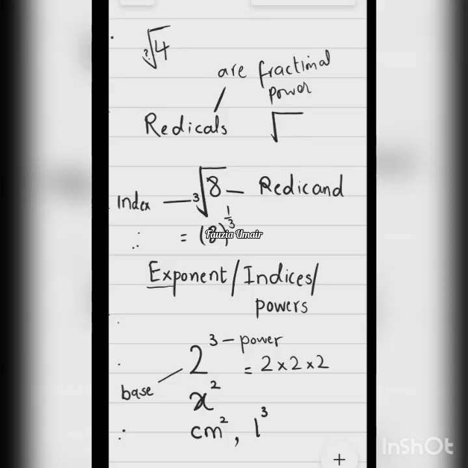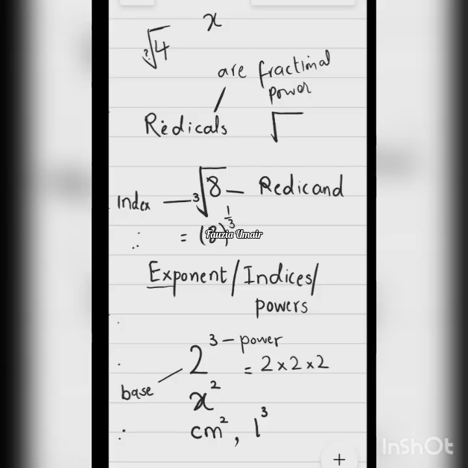It cannot be 1. Just like if x has a power of 1, x raised to power 1, usually we don't write it. We write x. But where is the power? The power is invisible. The power is there, right? So the same is the case here.